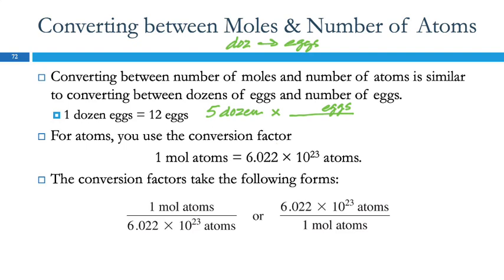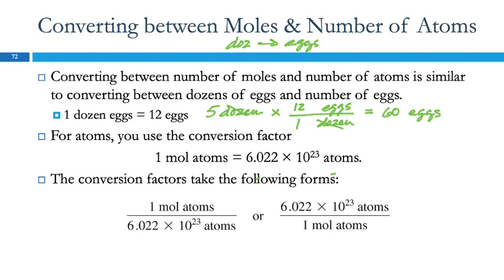And then I'm going to put dozen down here so that unit cancels out. Then I ask myself, what's the relationship between number of eggs and dozen? There's 12 eggs in 1 dozen. And then you end up with 60 eggs. Okay?